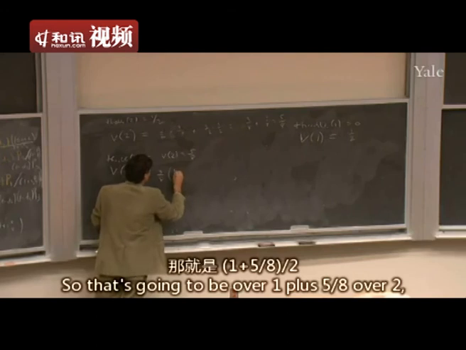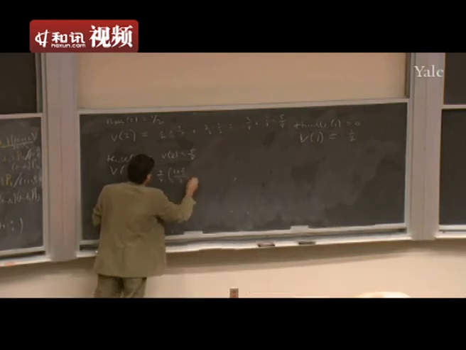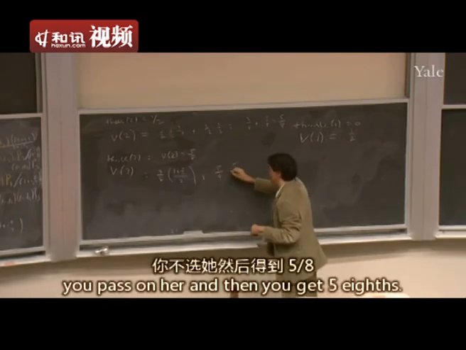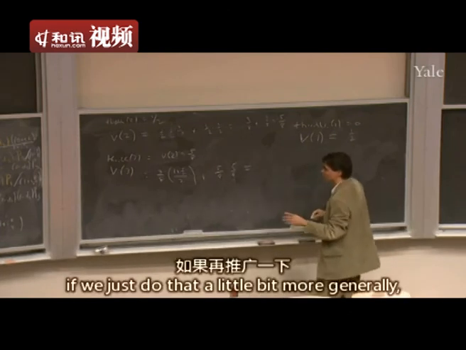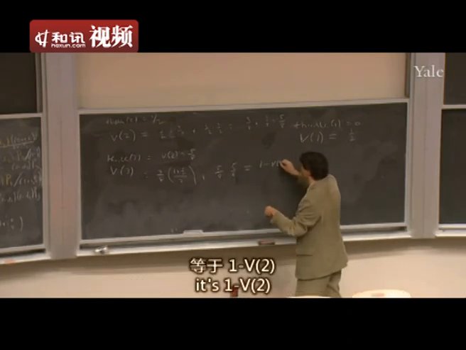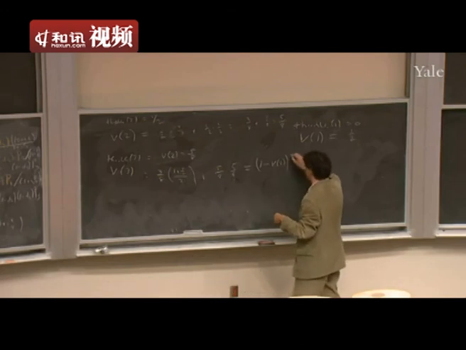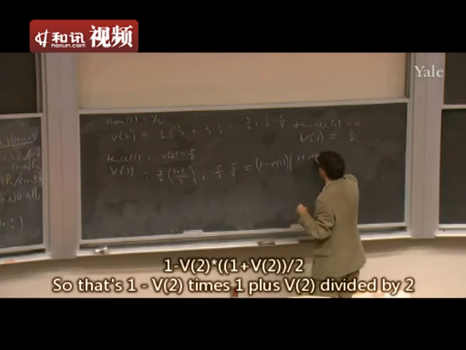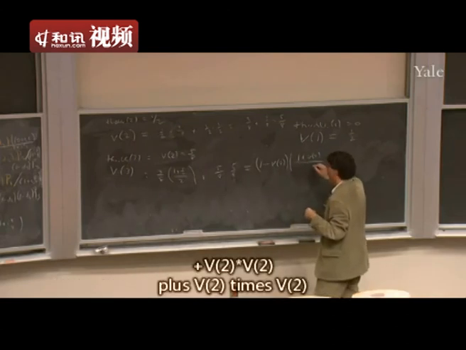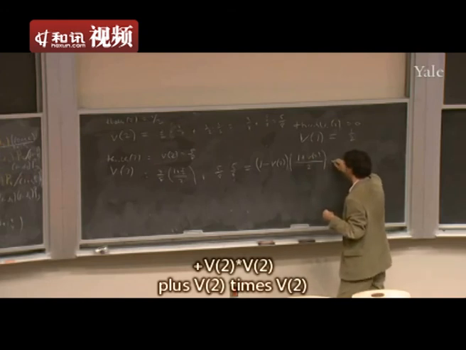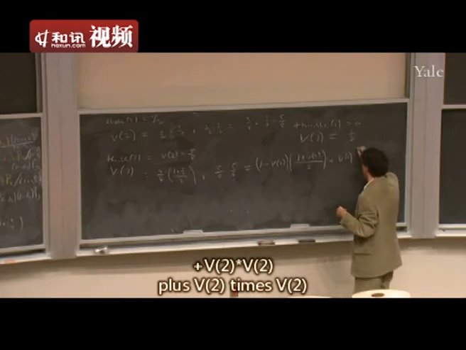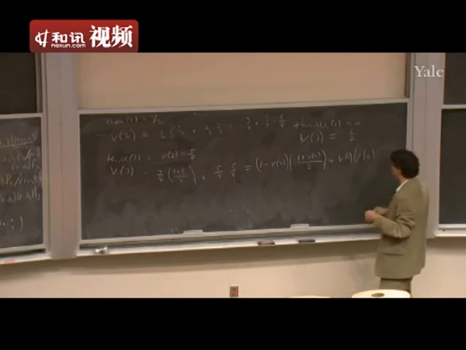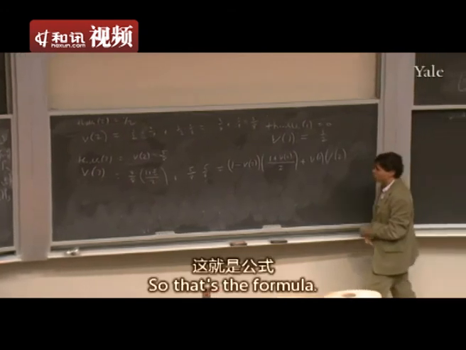That's 1 plus 5/8 over 2, plus 5/8 of the time you pass on her, and then you get 5/8. Doing that more generally, it's 1 minus V2 times 1 plus V2 divided by 2, plus V of 2 times V of 2. That's the formula.